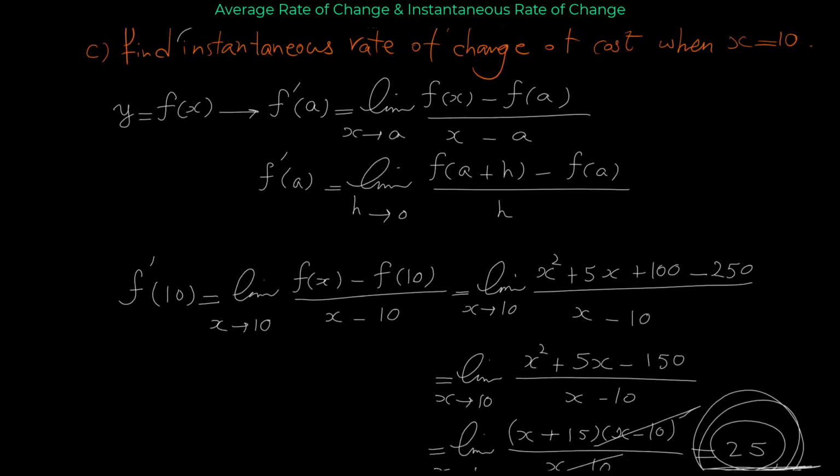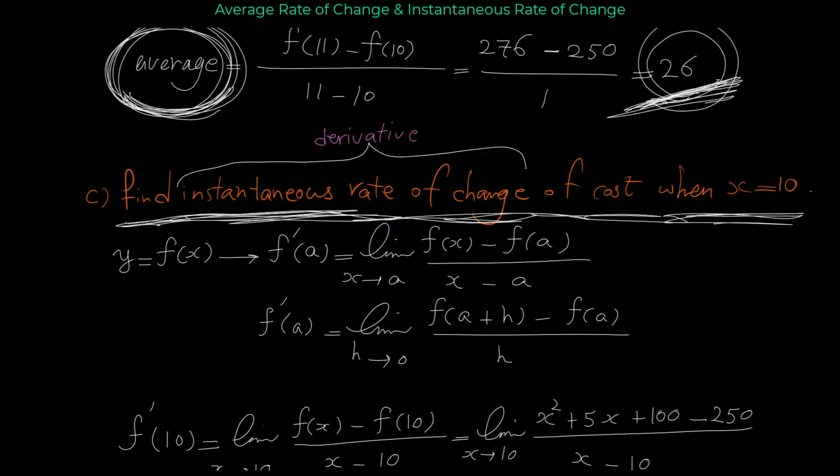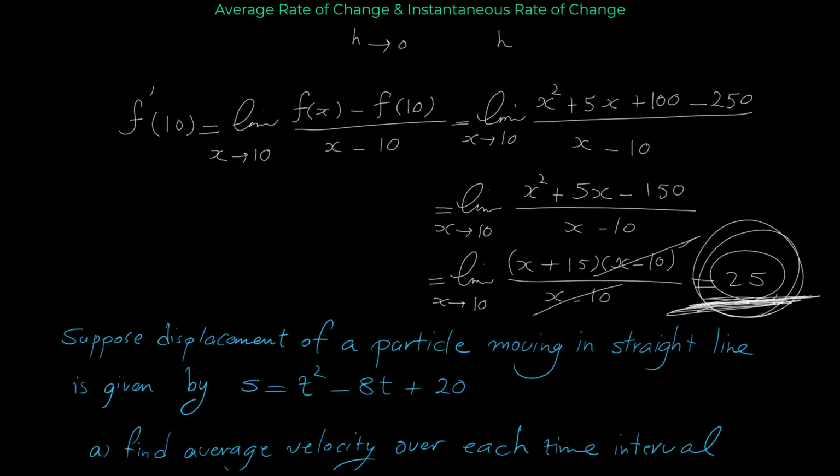So if we wanted to estimate the instantaneous rate of change of the cost when x is 10, we could say it's 26, and it was not a bad estimate because the real answer is 25.